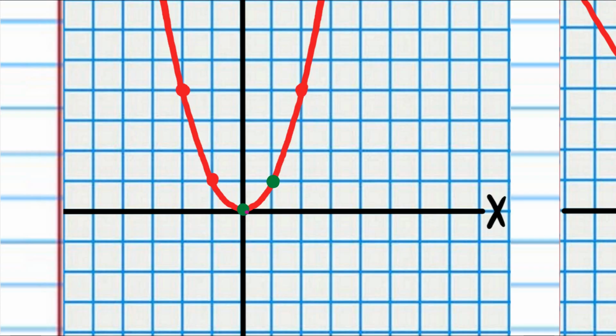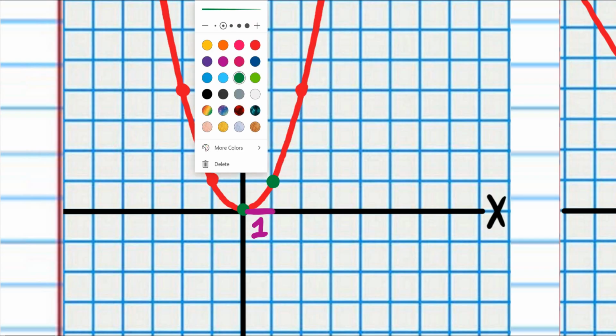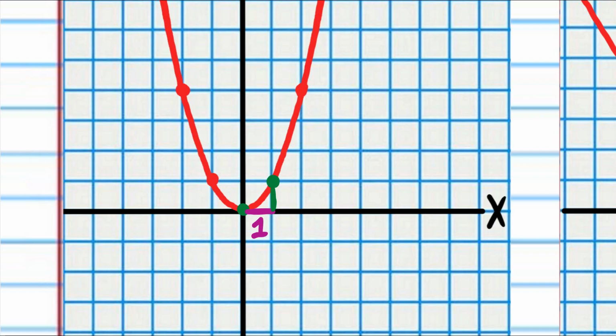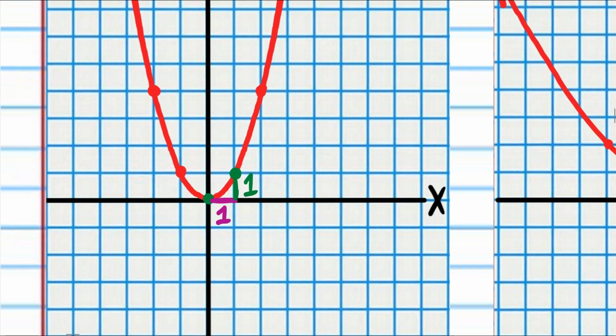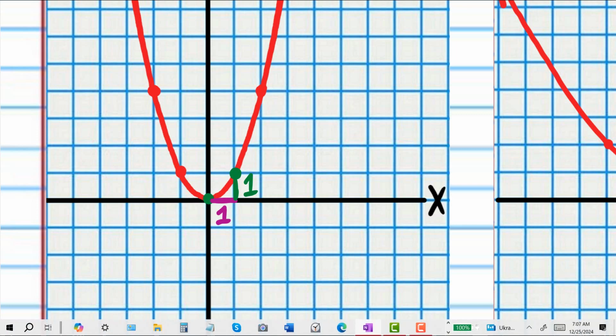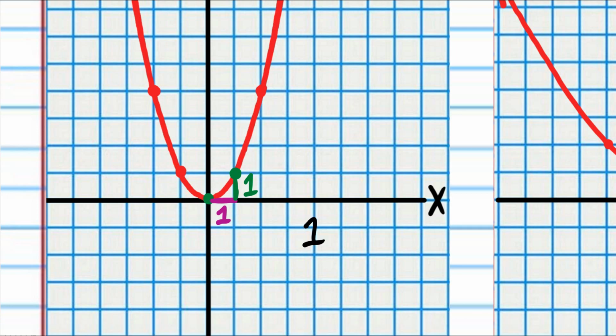And let's move 1 horizontal unit, and let's determine how many vertical units we have to move to get back to the graph. Well, that's going to be obviously 1 vertical unit. So if we want to measure the rate of change, we divide these numbers. 1 divided by 1 is 1. So the rate that the function is changing from this point to this point is 1 vertical unit for every 1 horizontal unit.